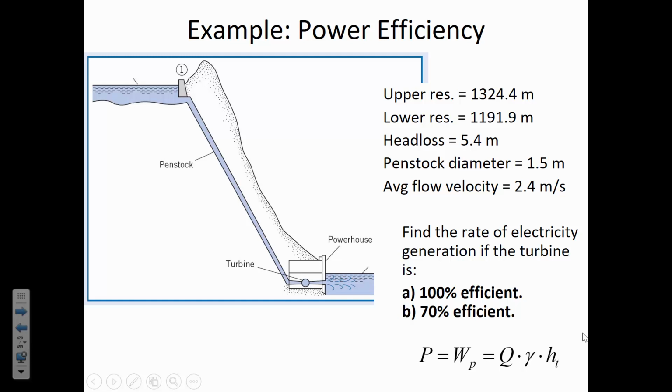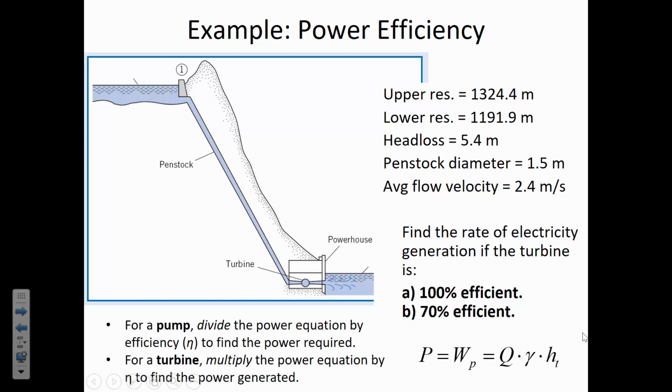So the rule is that when you have a pump, divide by the efficiency factor, and for a turbine, multiply by the efficiency factor. And sometimes the efficiency factors will be specified individually, like they'll give you one efficiency factor for the pump and one for the motor, and so you just multiply them together. And it's a cumulative effect.